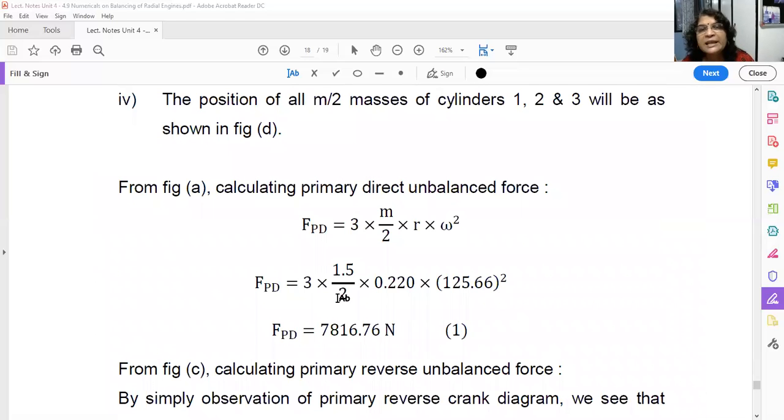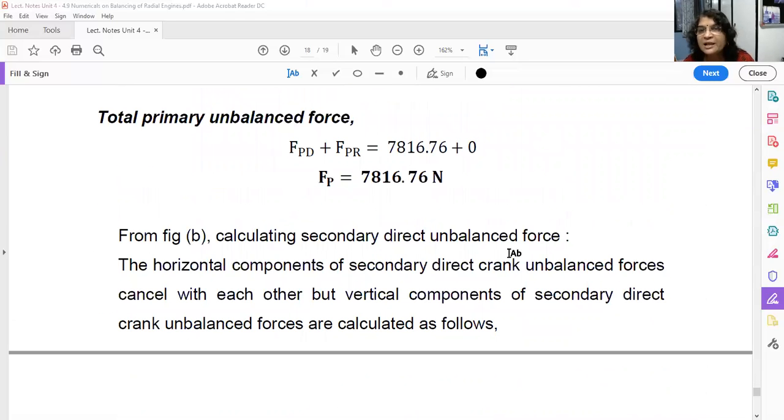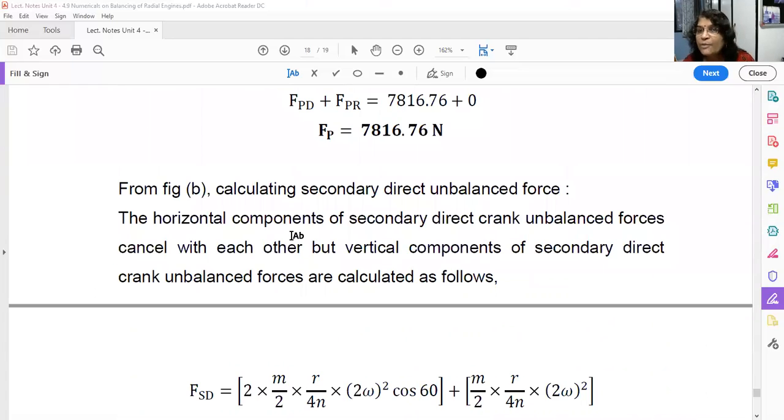So let us write down here, direct secondary crank. So total primary force is this one. Now calculating secondary direct unbalanced force. The horizontal components of secondary direct crank unbalanced forces cancel with each other, but vertical components are added.